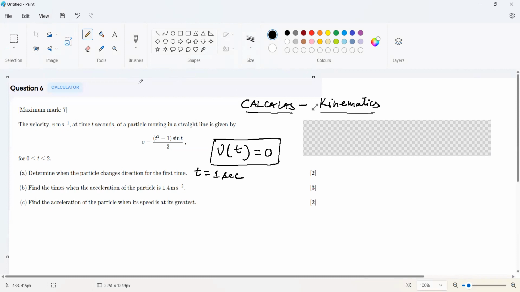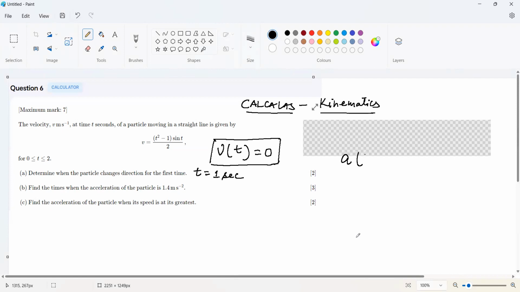Find the velocity when the acceleration of the particle is 1.4 meter per second square. So they're talking about the acceleration. How do we get the acceleration? Acceleration can be found only by differentiating the velocity function.